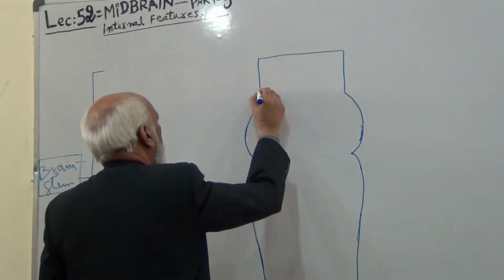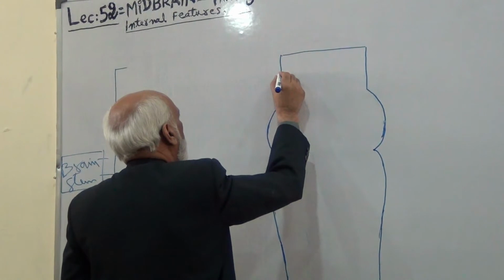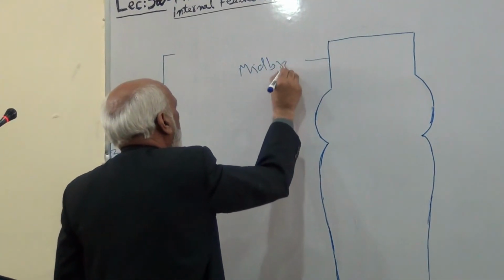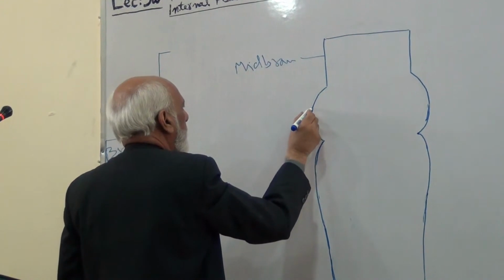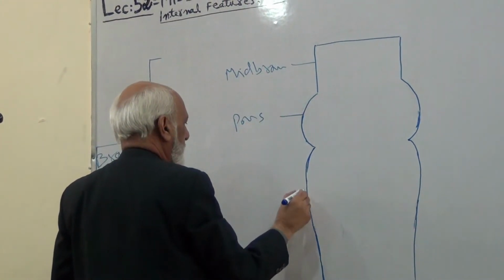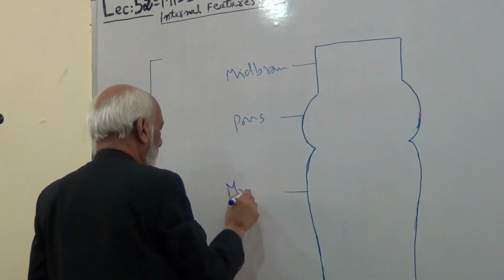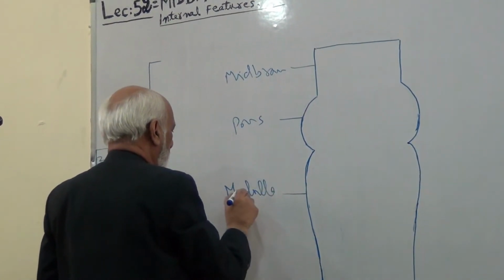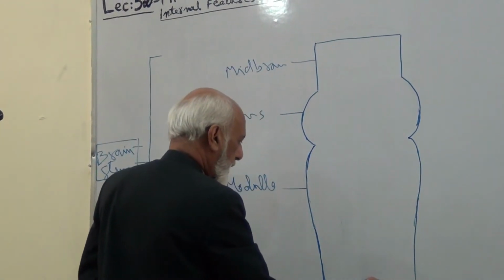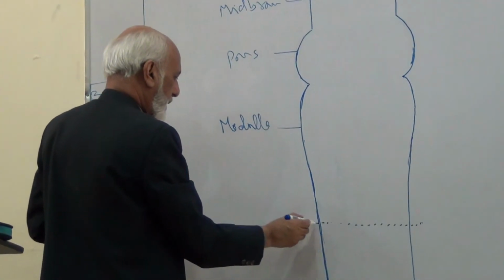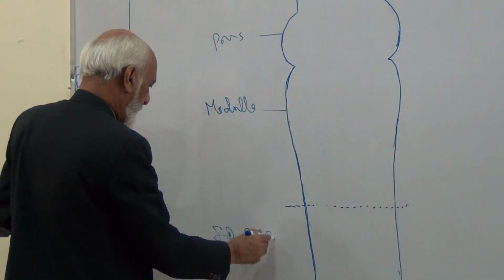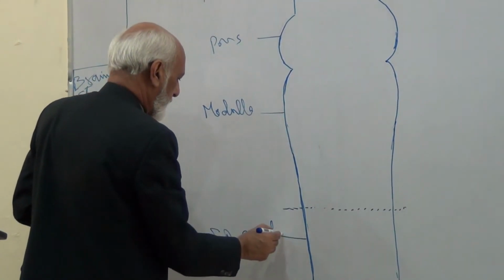This is midbrain, pons, medulla oblongata, and this is spinal cord.